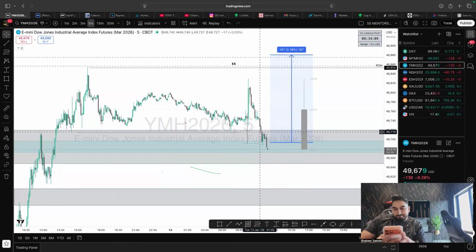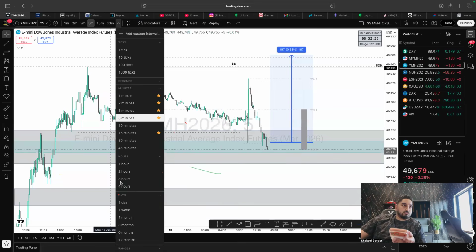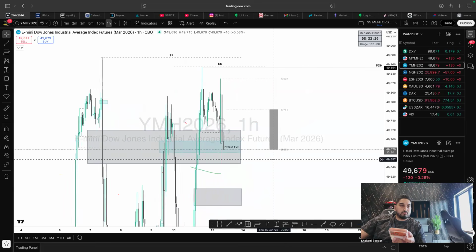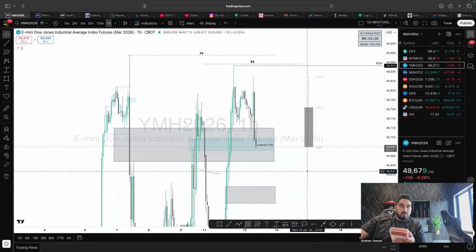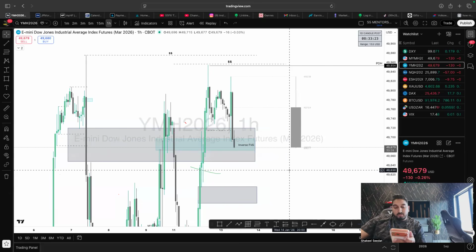More here. Whatever happens, happens, guys. Come on, I want it to hold here. Needs to hold here.